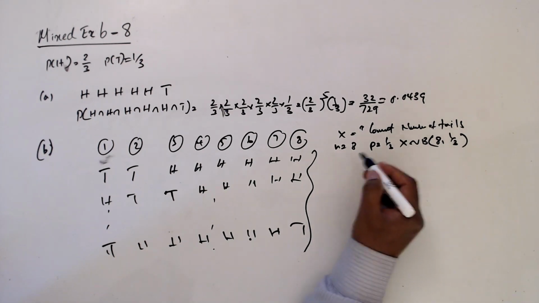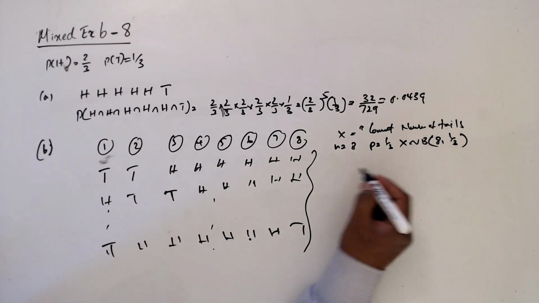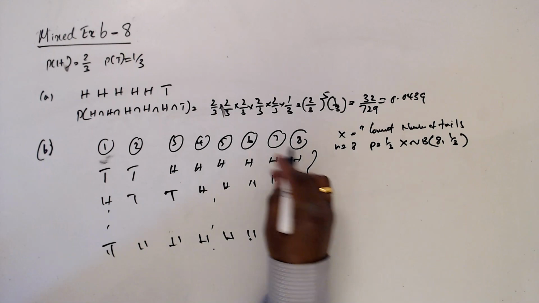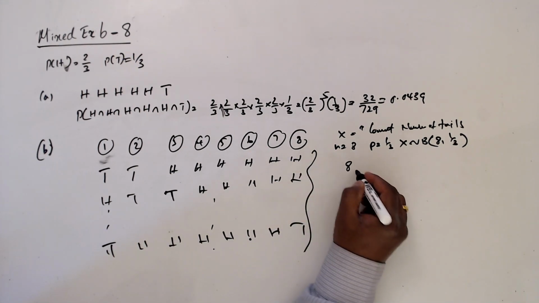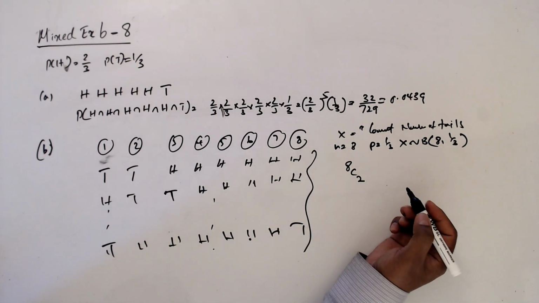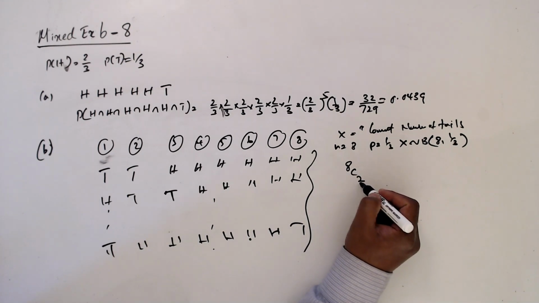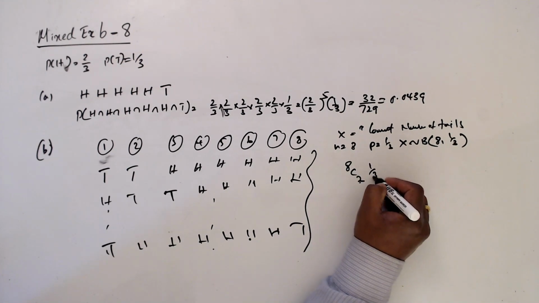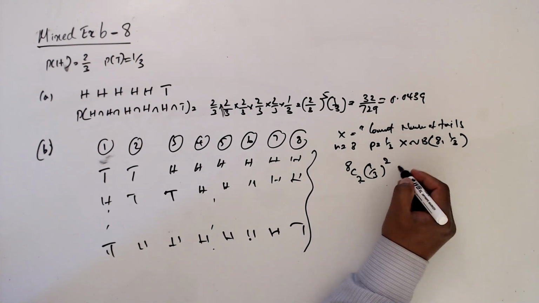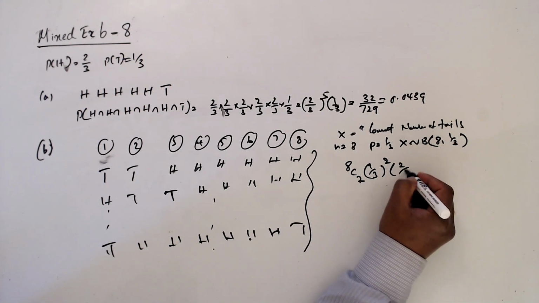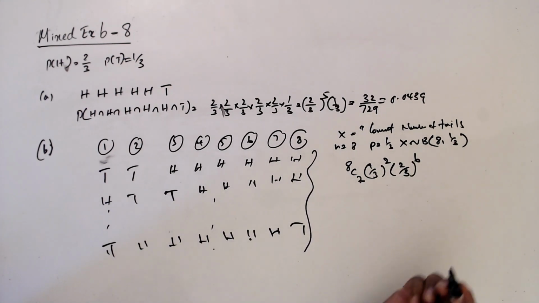Having two tails, how many options are there? 8C2 out of 8 for the 2 tails. So we get (1/3)^2 and (2/3)^6.